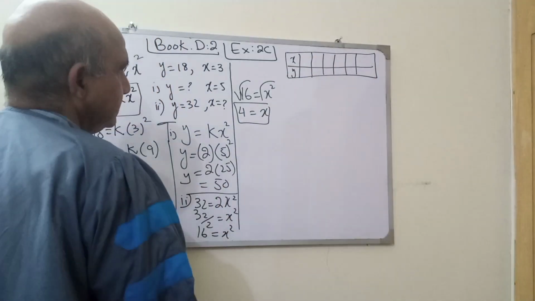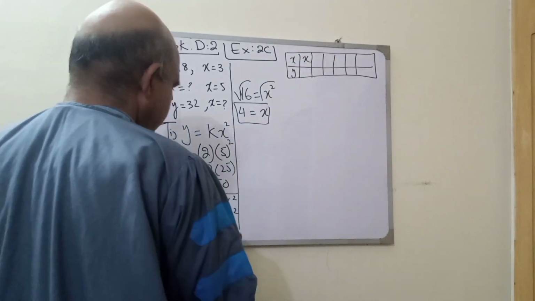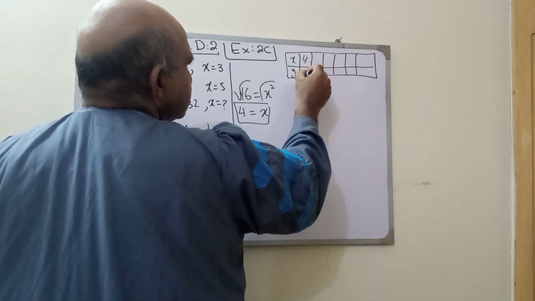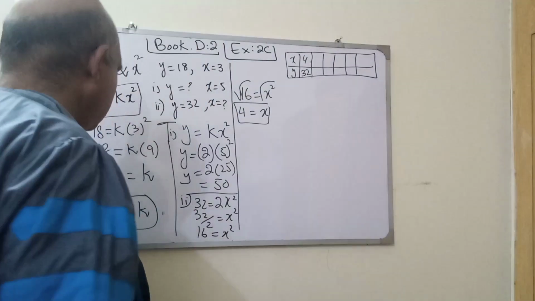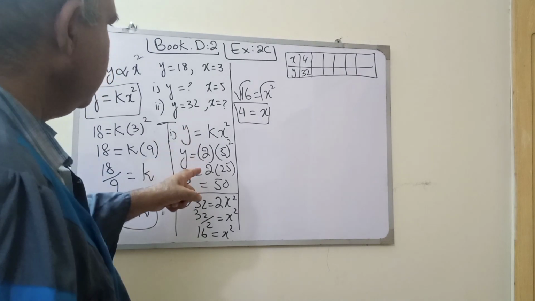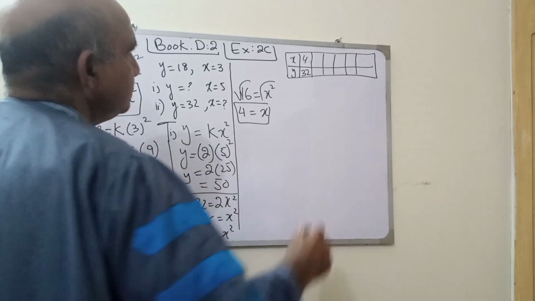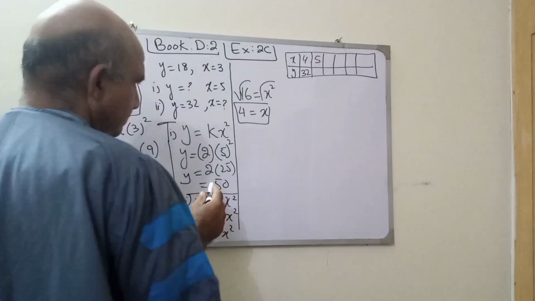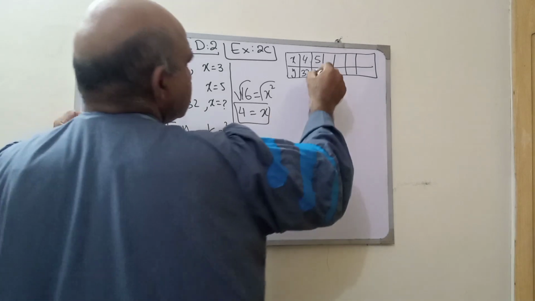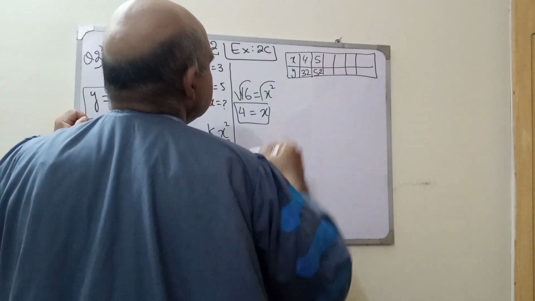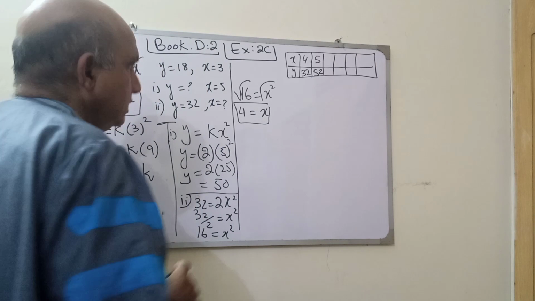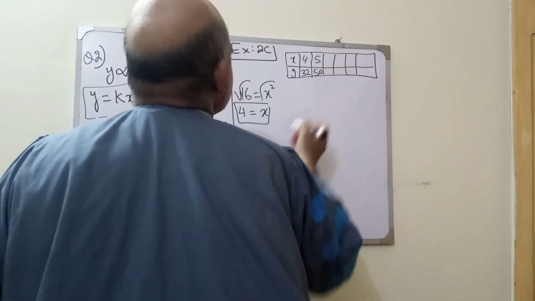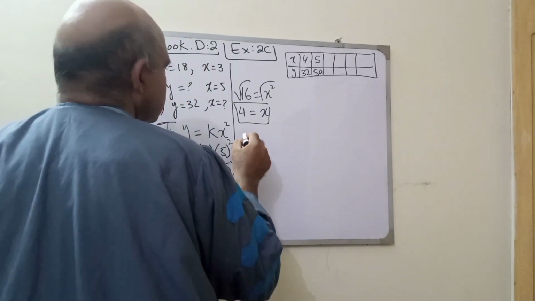Now when x is 4, y is 32. When x is 5, y is 50. Similarly, we can find other values.